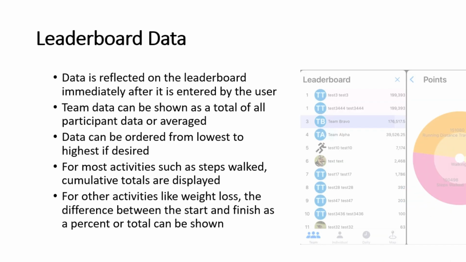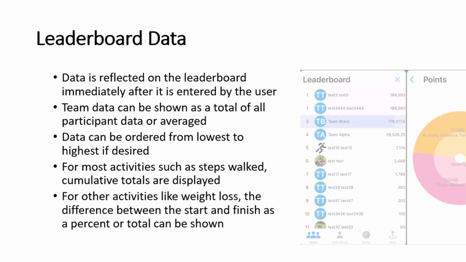Data is displayed on the leaderboard in real time. However, to keep the leaderboard uncluttered, if a challenge participant does not enter data, they will not be shown on the leaderboard. When using teams, the admin may choose to show the total data of all team members or averaged by the number of participants in the team. This is particularly useful when team sizes vary widely.